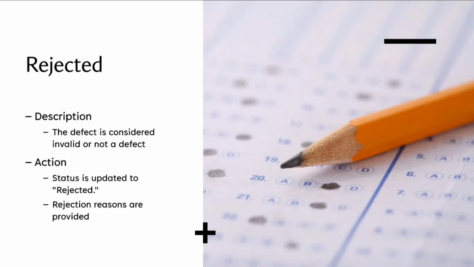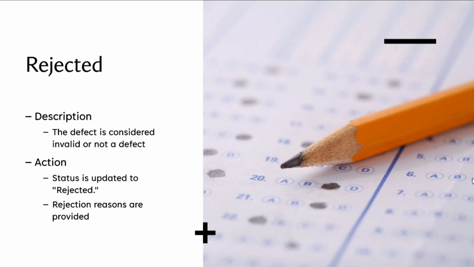And then we have a rejected state. Suppose a tester has raised some defect, and then the developer or development team has rejected that defect because they do not consider this a defect: some functionality has not been built yet, or it is still in the development pipeline.